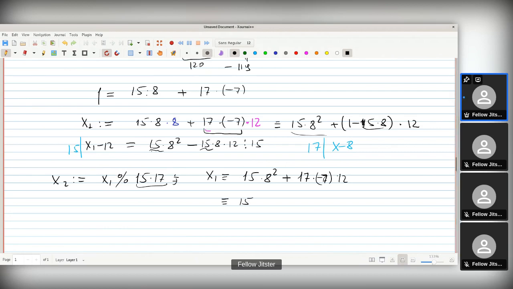Let's do it without a computer. Of course, using a computer, it is very easy to find the remainder. Let us do without a computer. Here we have 8 squared. What is 8 squared? 64. But what is 64 modulo 17?